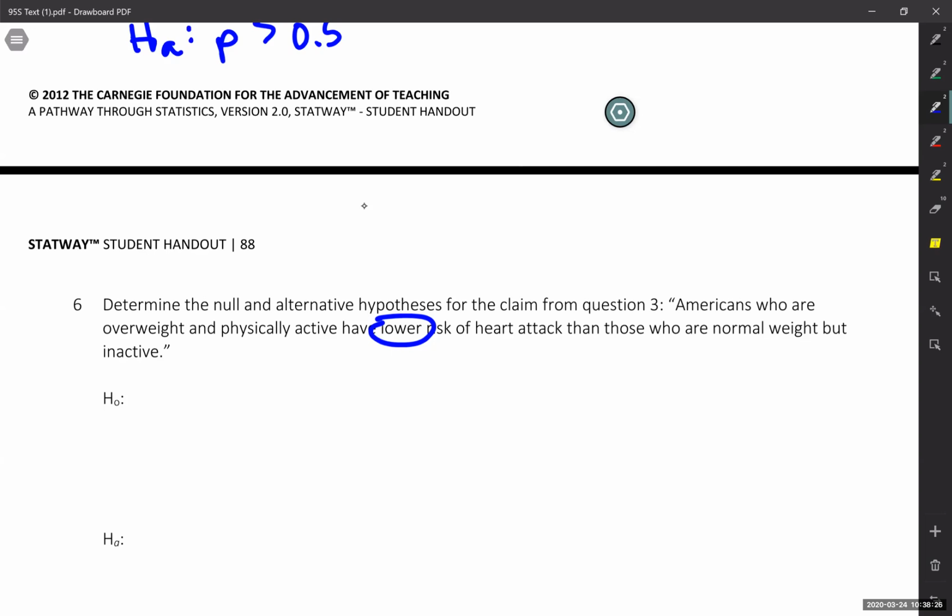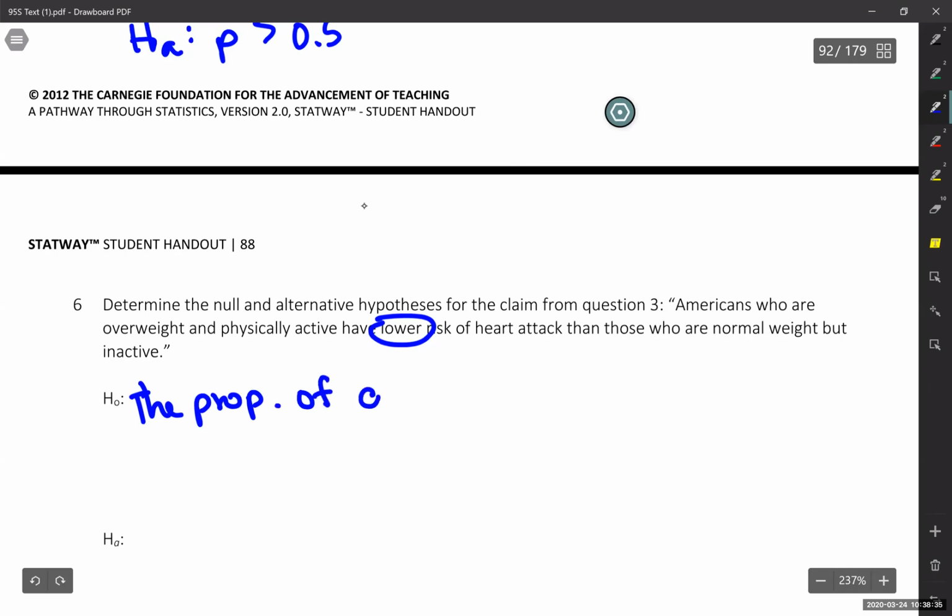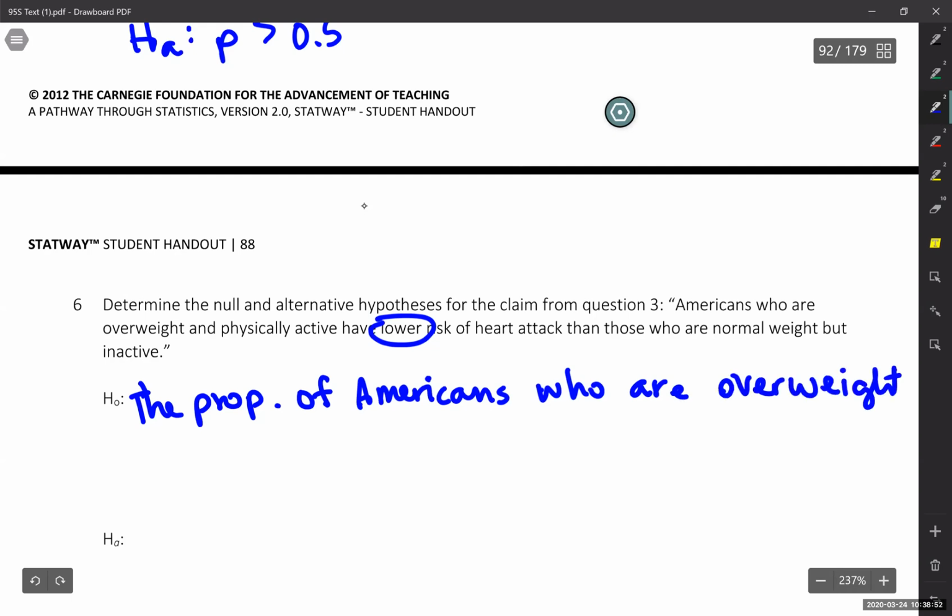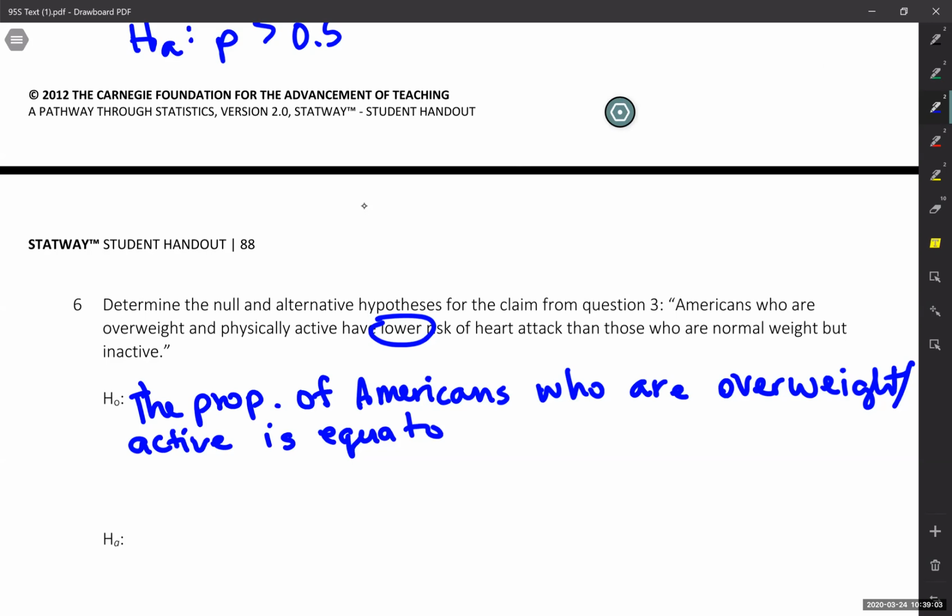So we're going to say the proportion of Americans who are overweight/active, I'm just trying to shorten it, is equal to, so I took the lower word and I just changed it to equal.